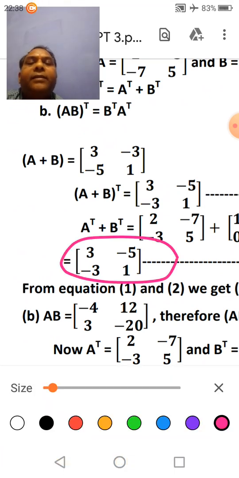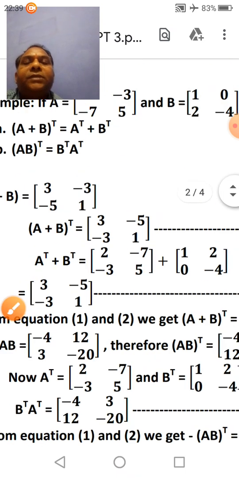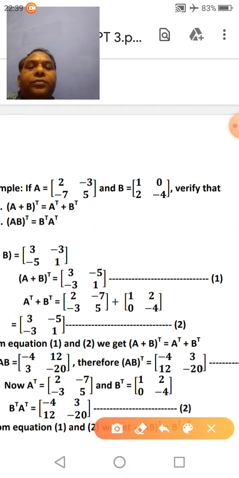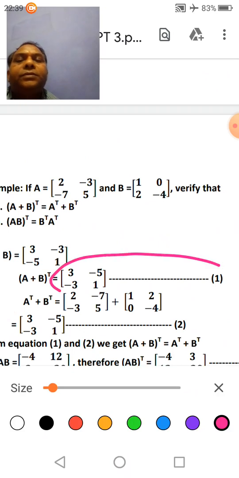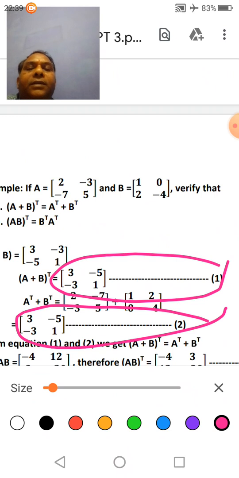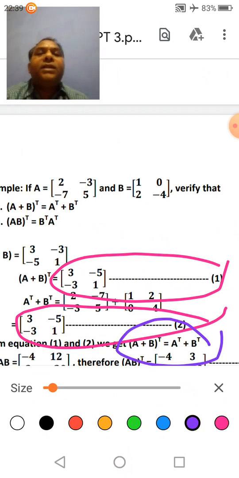Clear? Now we observe that from equation 1 and 2, (A plus B) to the power t is equal to A to the power t plus B to the power t. Clear?